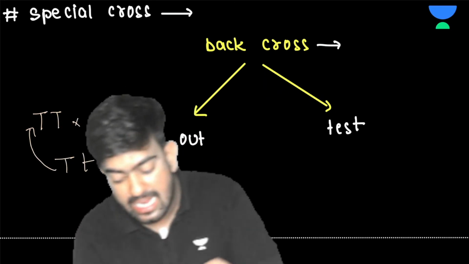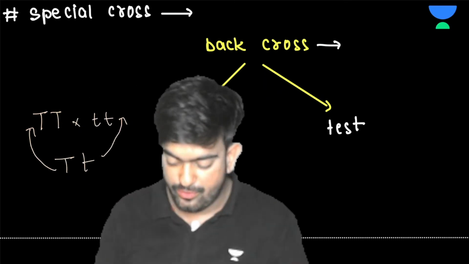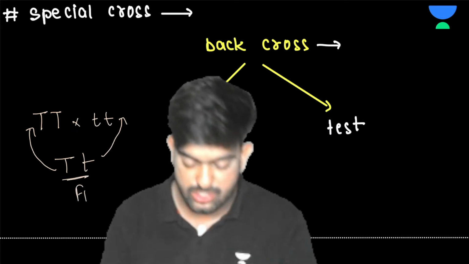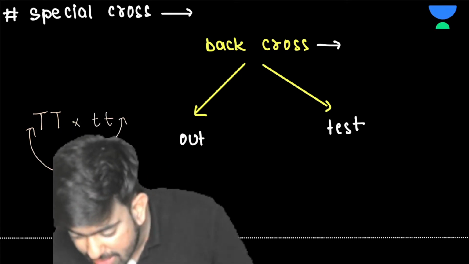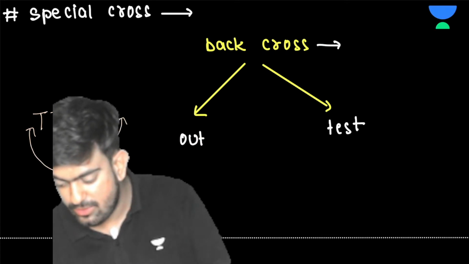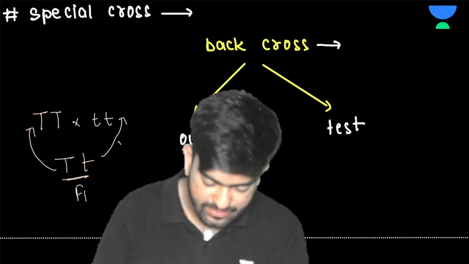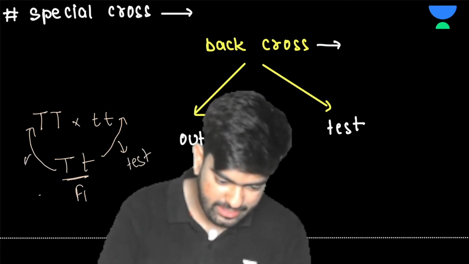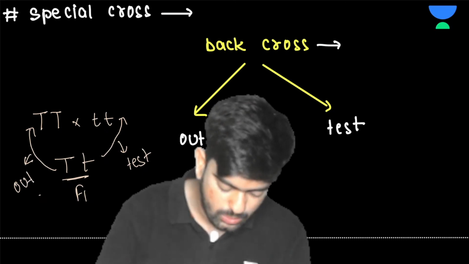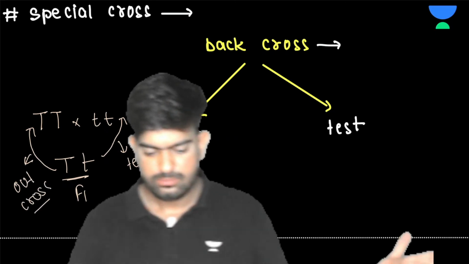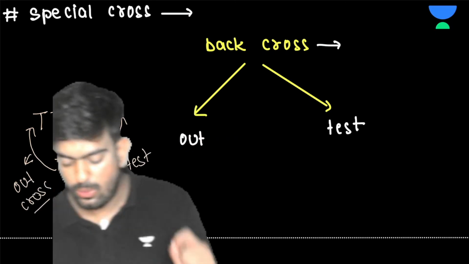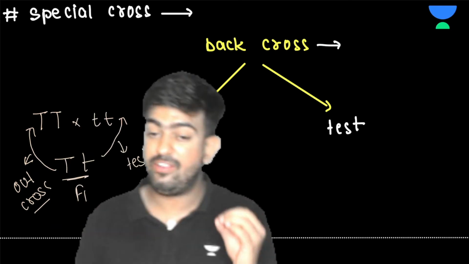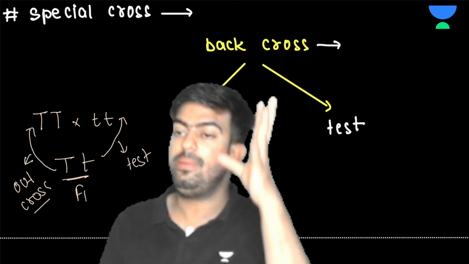And suppose we are crossing the F1 generation with the recessive one, then it will be known as test cross. And if we are doing it with the dominant one, it will be known as out cross. Clear? So out cross is basically crossing of the F1 individual with the dominant parent.